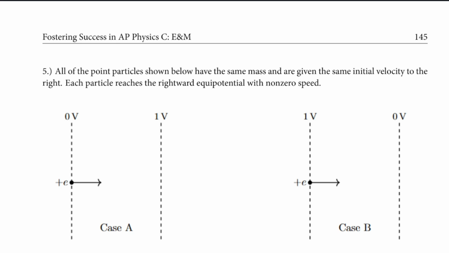Because if you go through a potential change, you're going to change your kinetic energy. So we're really looking for delta K, which is the opposite of their delta U, which is Q delta V. So here's where we'll use some convenient energy units.